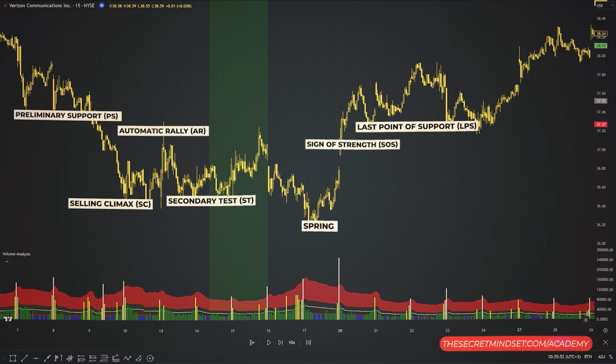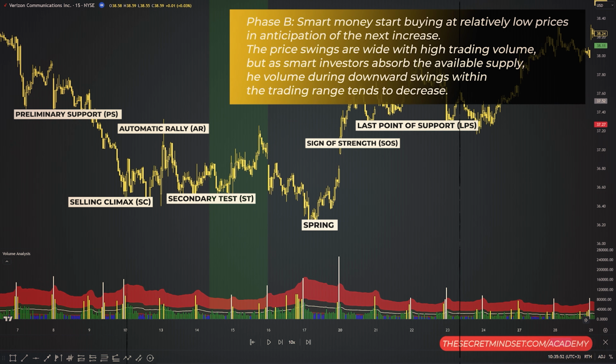In phase B, smart money starts buying at relatively low prices in anticipation of the next increase. The price swings are wide with high trading volume, but as smart traders absorb the available supply, the volume during downward swings within the trading range tends to decrease.